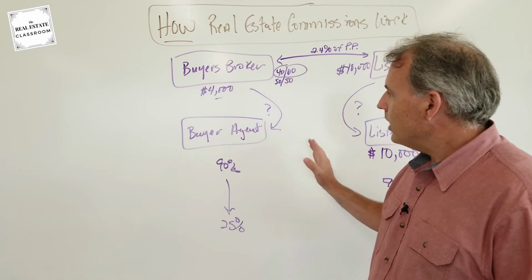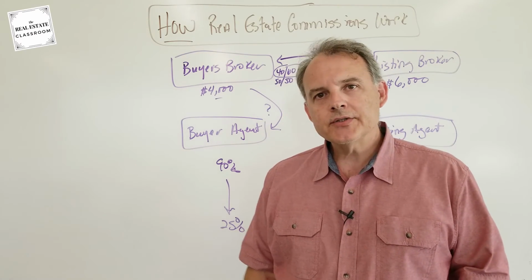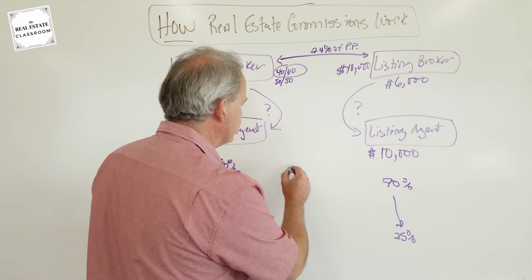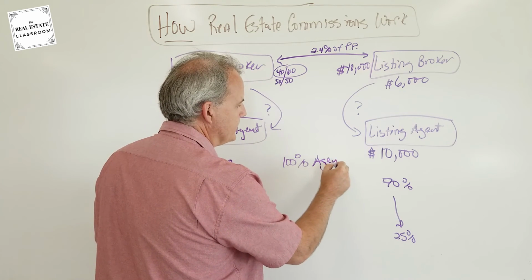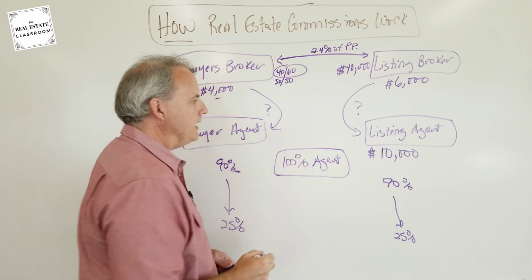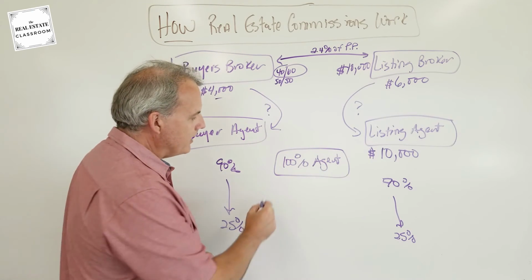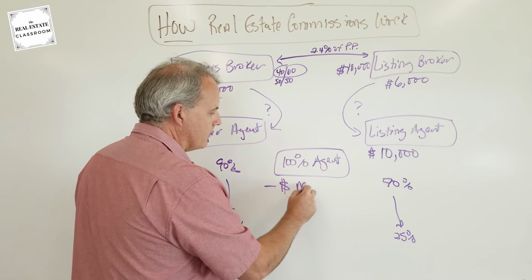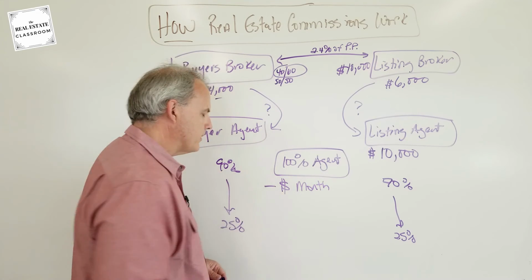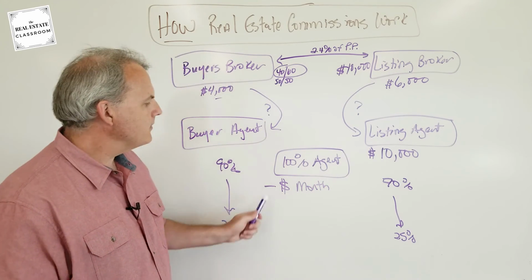There's one other program for commissions that are out there. It's called 100%, or what we call 100% agent. And that means the listing agents and the buyer's agents, they pay their designated broker so much every month. Now, I have seen a couple of places where it's paid quarterly or even annually. Most common, though, is every month.